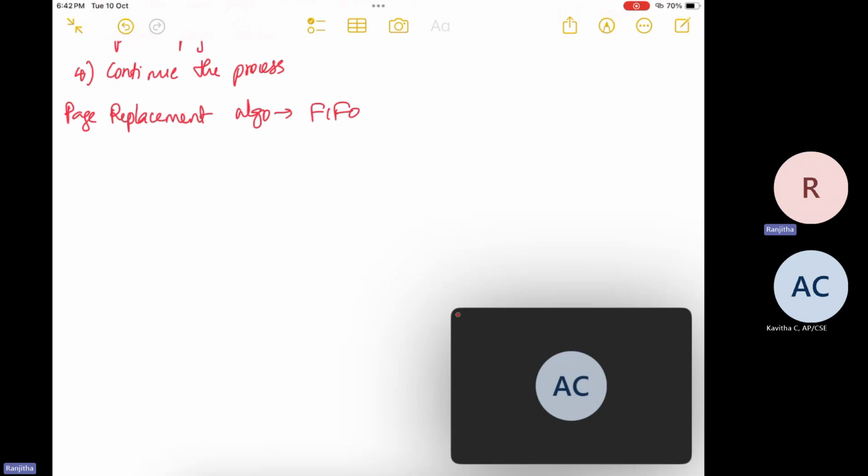As and when the pages come to memory, they will be stored in a first in first out queue. Whenever there is a page fault, the page that came to memory earliest will be removed first. So let's see an example of how this works.